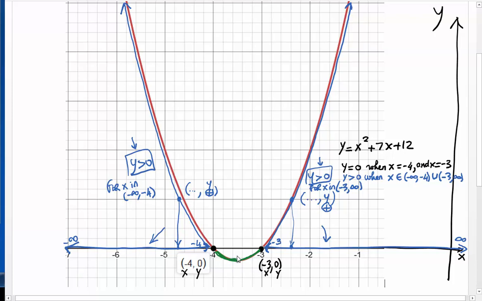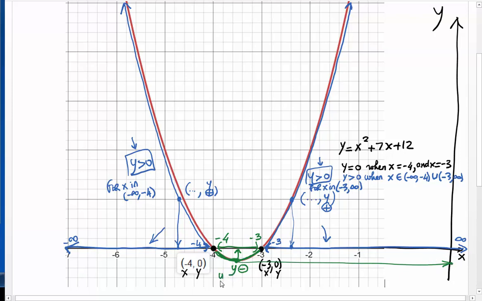And finally, what's going on in this little portion here of the graph? For this portion of the graph, if you pick any point, then x would be whatever it is here, falling between -4 and -3, but y would be negative. Why is y negative? Because we are below the x-axis, so we get a y value that's negative.